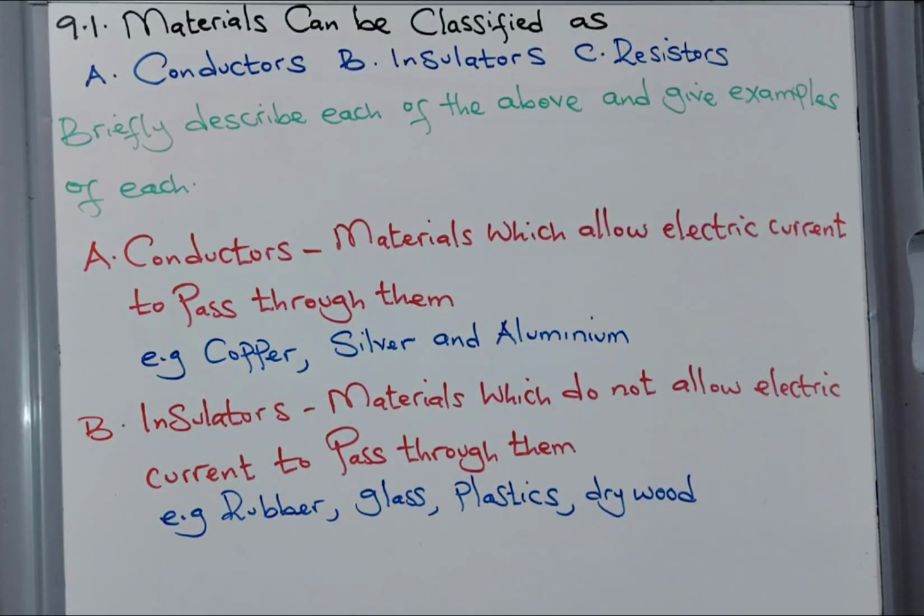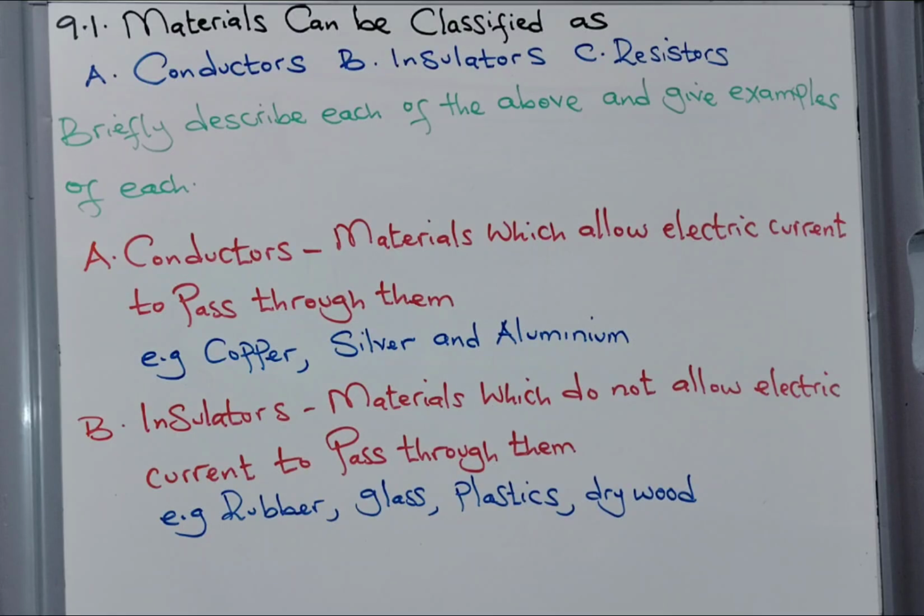Resistors. What are resistors? Resistors are materials which allow electric current to pass through them, but with difficulty. They somehow oppose the electric current which is going through them.